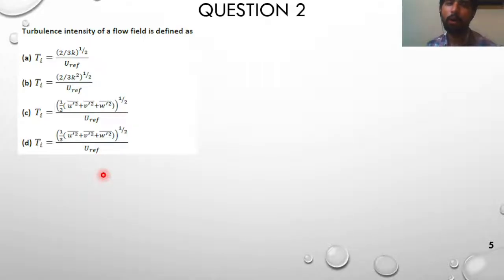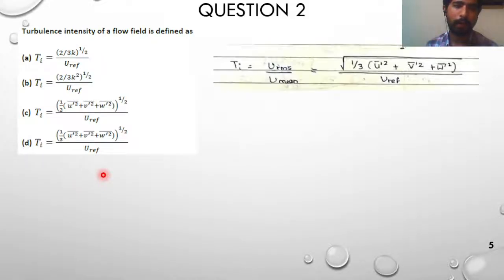We do not calculate the actual fluctuating component. We decompose the flow into a mean component and a fluctuating component. We are interested in the statistics of this fluctuating component, and turbulence intensity is one statistical parameter. The way in which it is defined is as follows.